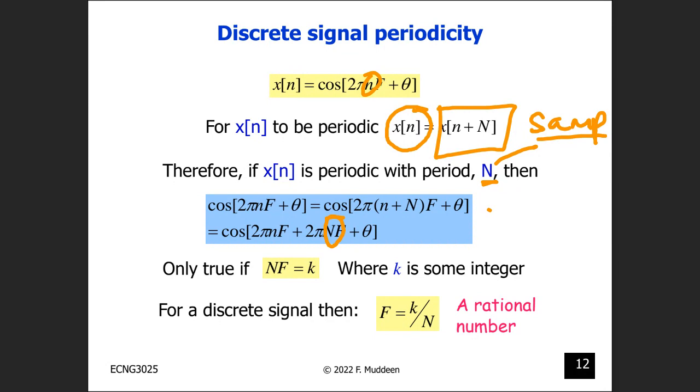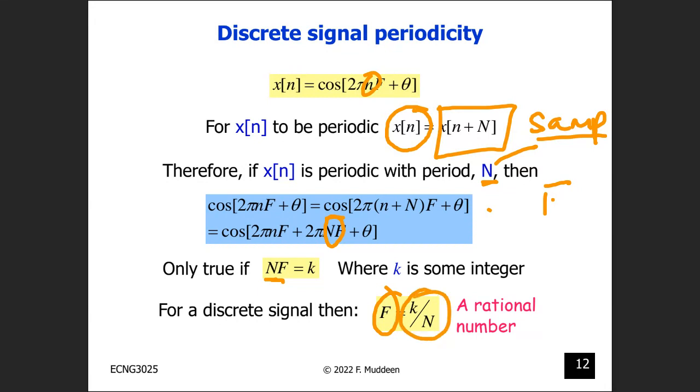So this can only make sense if NF, that product right here, is an integer, meaning 1, 2, 3, 4, 5, etc. In other words, whatever frequency value f I have has to be related to N, which is the period, and k, which is some integer, in this form.